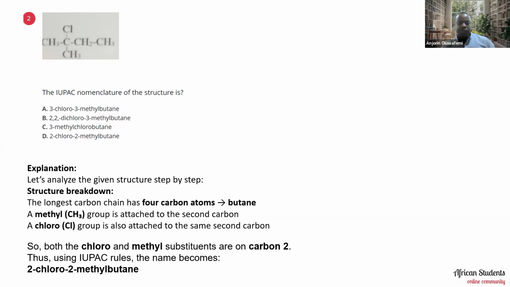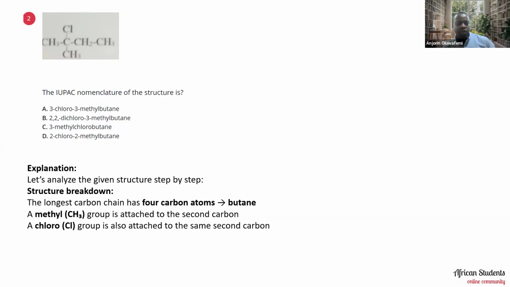But if you look at it critically and we want to analyze what is there, looking at the longest carbon chain, which is 4 carbon atoms, that means that it's a butane. And then it has a methyl group that is attached to the second carbon, and it has a chloro group that is also attached to the second carbon.